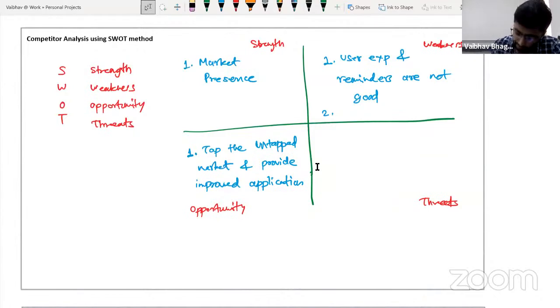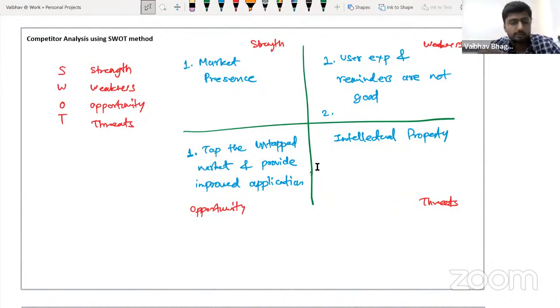So here comes the role of intellectual property. You need to be very careful about whatever designs you're making, whatever patents or whatever ideas you're generating, to file them in patents or design applications, so that no one can infringe those and no one can copy those, so that yours is a unique product, and then this threat will not happen.